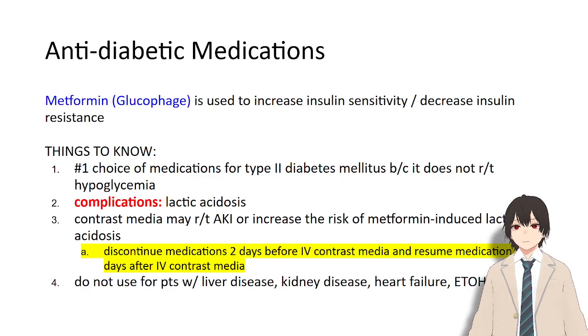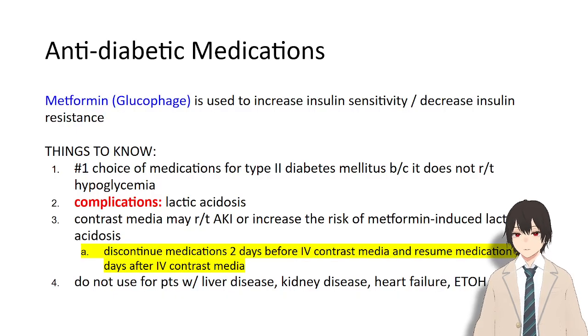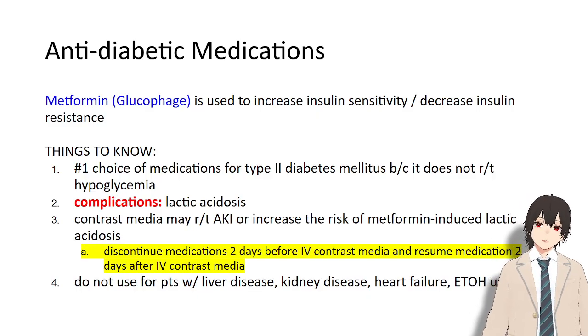It's just increasing the sensitivity, so that's why you're not at risk for hypoglycemia. The complication is lactic acidosis as the big one, and then make sure you don't put the patient under contrast media, because it can cause AKI, because the metformin does have some kidney interaction.